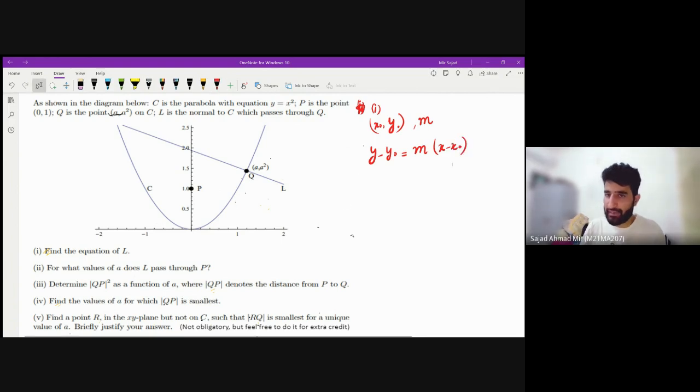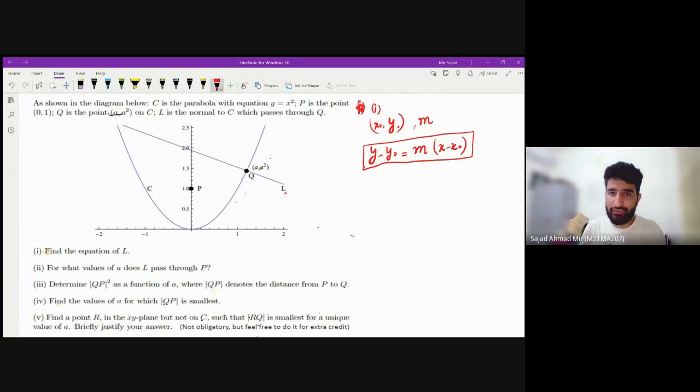This is the equation of line L. Now, in order to determine the equation of line L, we need to find the slope of L.